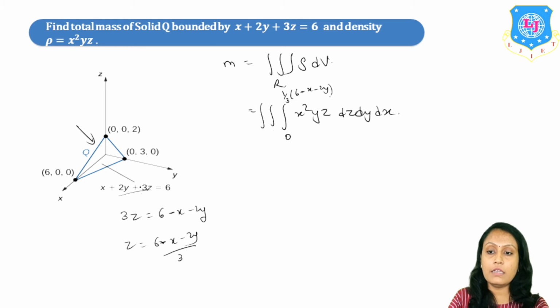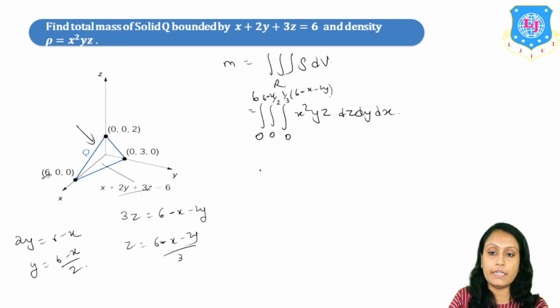Now take z is equal to 0 and make y the subject. So 2y is equal to 6 minus x, therefore y is equal to (6 minus x) upon 2. So the limit of y is from 0 to (6 minus x) upon 2, and the limit of x is from 0 to 6.